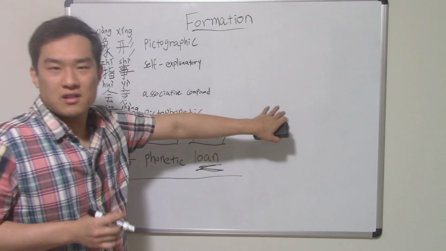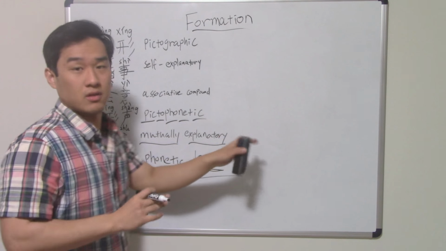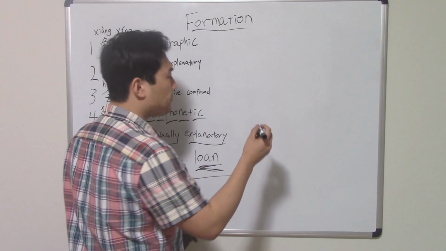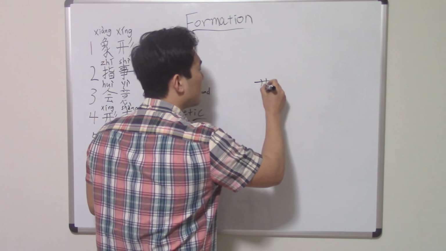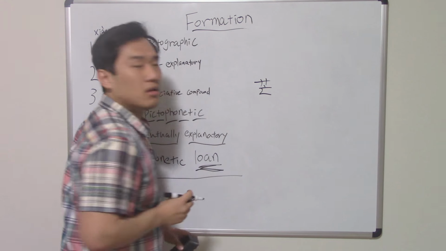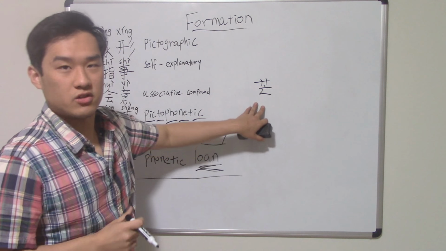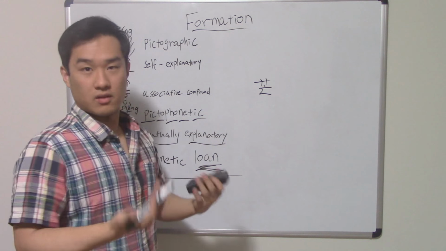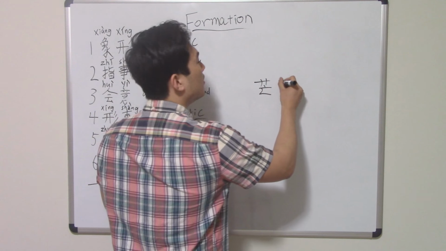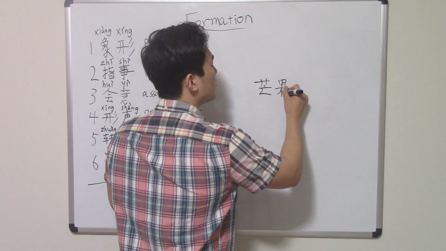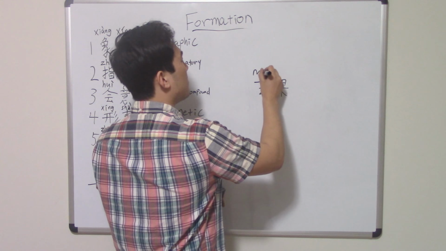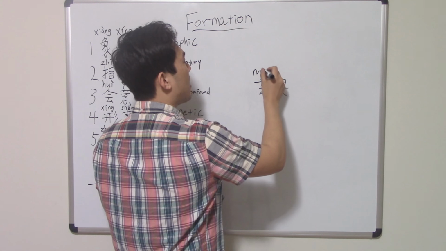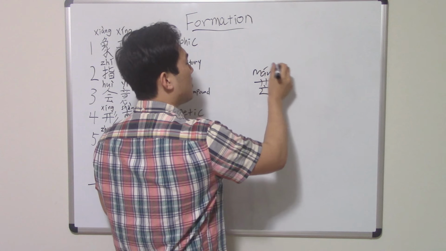Let me give an example, it will be much easier to understand. This word here is mango in Chinese. That means mango. M-A-N-G, mang, right?